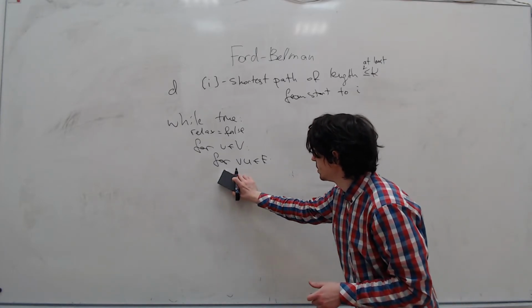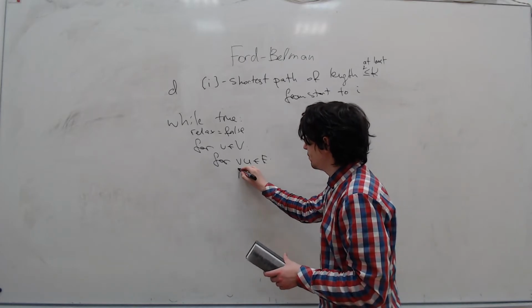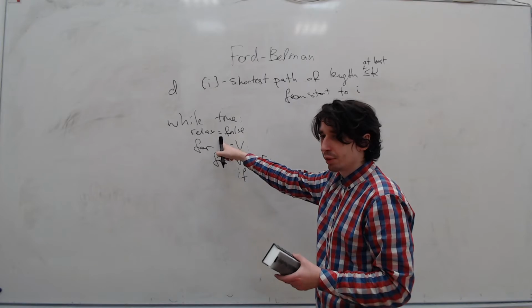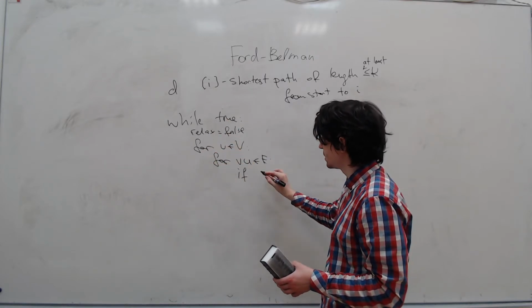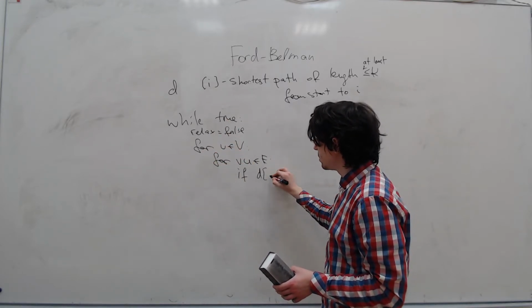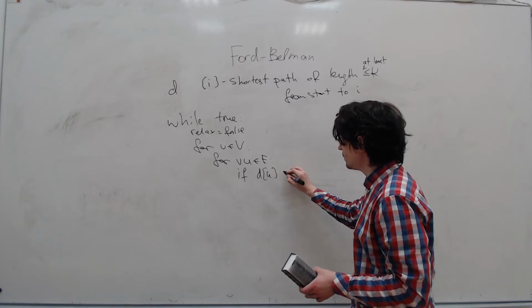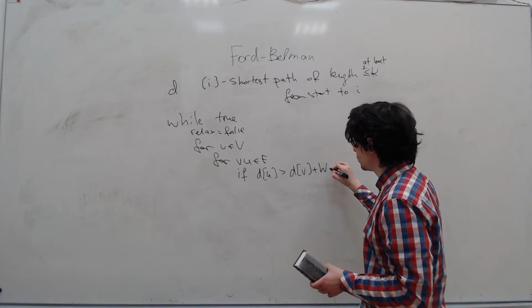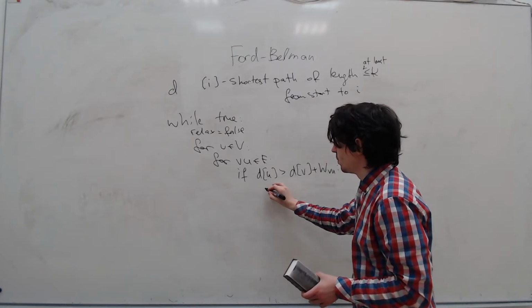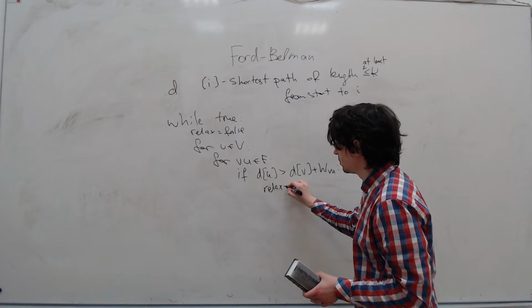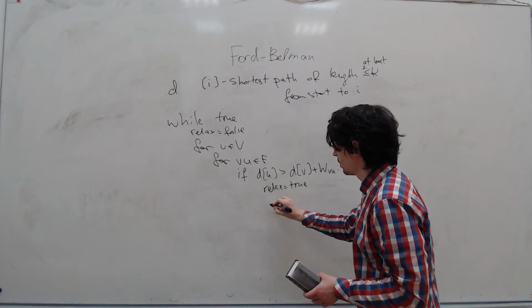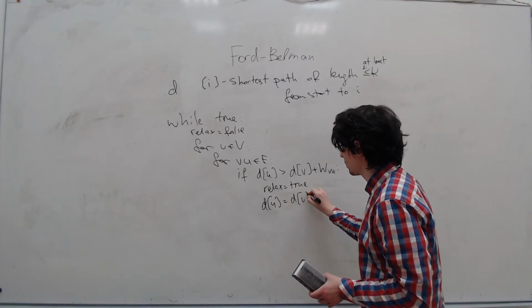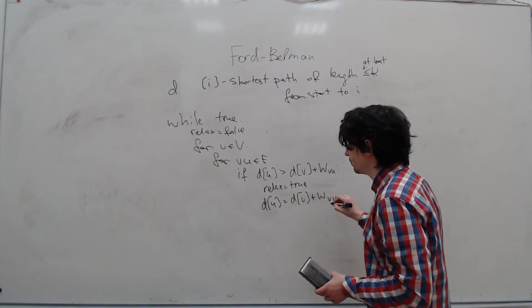I was writing the if incorrectly. We have to set this relax Boolean variable to show that we successfully relaxed. If d_u is bigger than d_v plus w_vu, we set relax equals true, and d_u equals d_v plus w_vu.